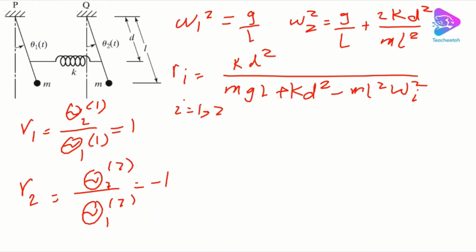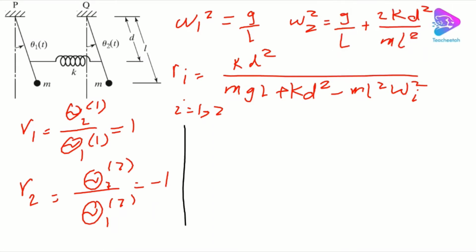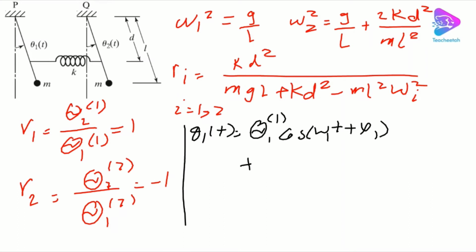And finally, we set the response of the system as the summation of the two modes. So we had theta 1 of t equal to theta 1 1 cos(omega 1 t plus phi 1) plus theta 1 2 for the second mode, cos(omega 2 t plus phi 2).